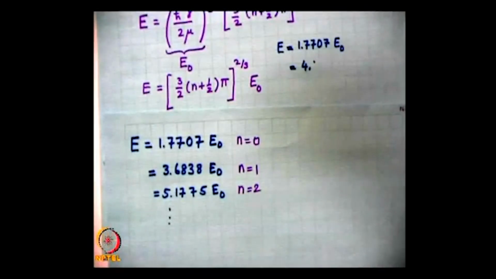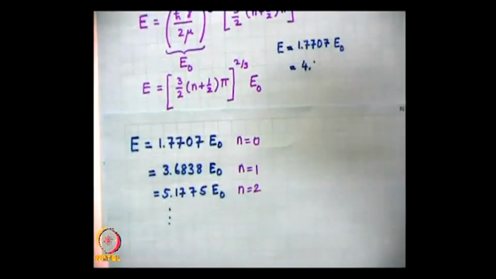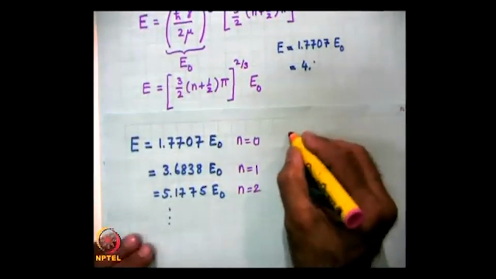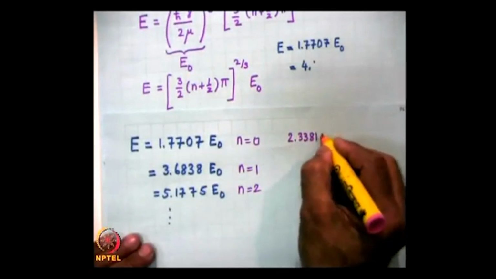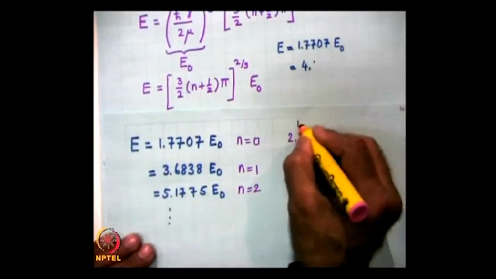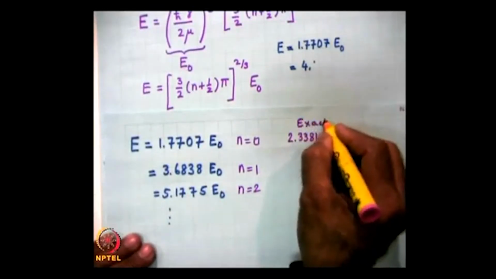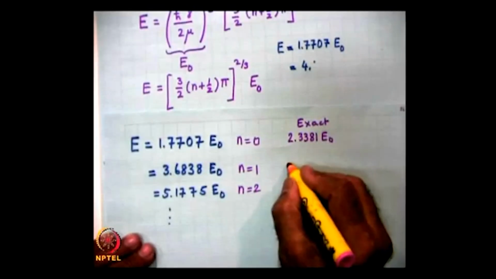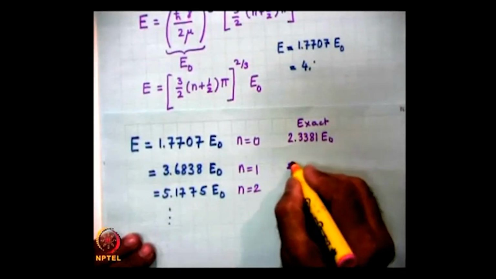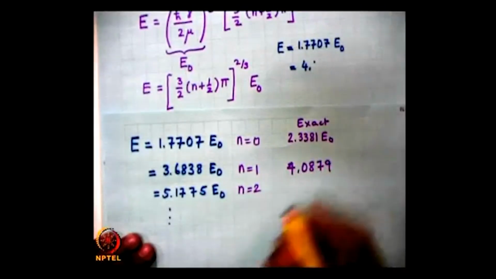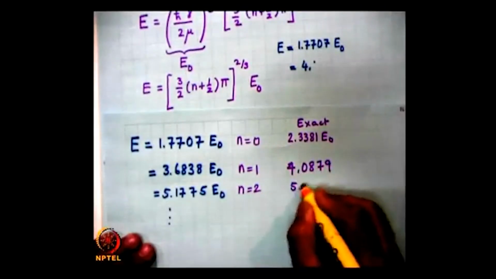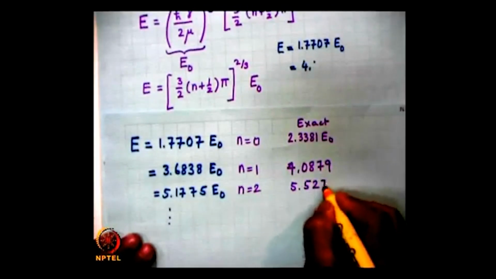So, if I solve that problem, then the exact values come out to be 2.3381 E0. These are the exact values, and then 4.0879 and 5.5276.